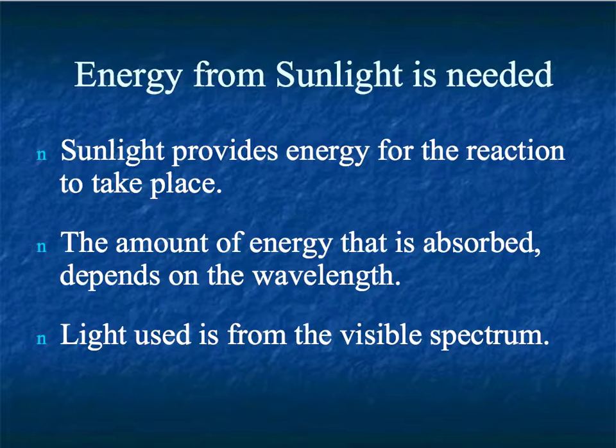And the amount of energy that is absorbed will depend on the wavelength of that light. And light is used from the visible spectrum. So in the next slide, we're going to talk about what we mean by the amount of energy and wavelength. Let's look at the sunlight coming into the plant and how the plant is using that and what it's getting from it.